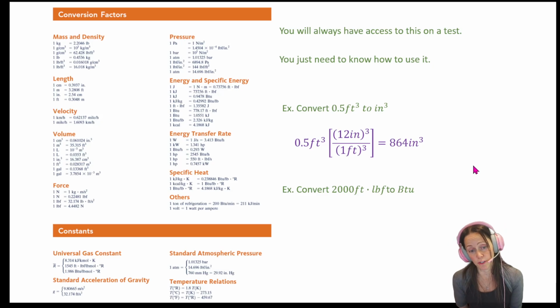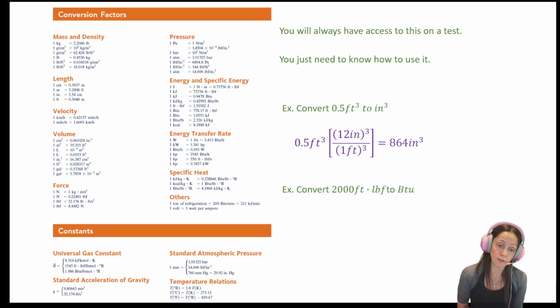This one says convert 2,000 foot-pound force to BTU. BTU might be familiar to you, might not be. You probably know the conversion factor 12 inches to 1 foot, but this one, maybe not. So just look on your conversion factor sheet for something that looks useful. Like I looked for BTU.